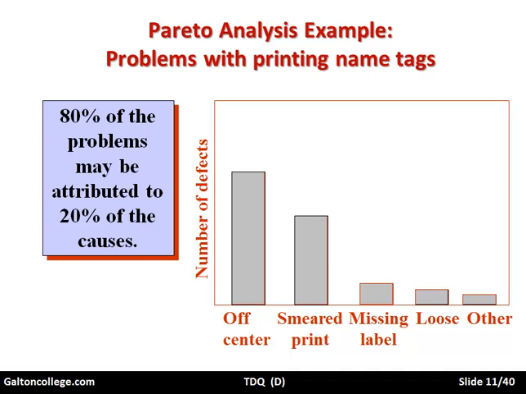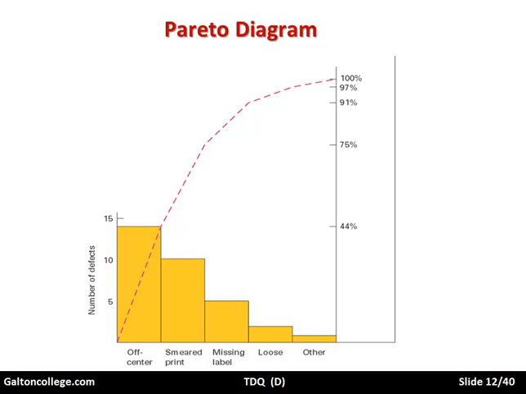If we take this, what looks like a histogram over here, well, it is a histogram, but if we take that, we could represent it simply as a line. So we have this type of situation here. We have the number of defects, and we could have a percentage scale on the right hand side.